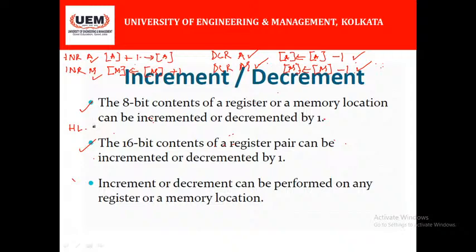Suppose in the HL register pair the value is 9050 and we want to increment this address, then we write INX H, and the address 9050 is incremented by 1. Similarly, if we want to decrement it, we write DCX H, then the value 9050 will be decremented by 1.